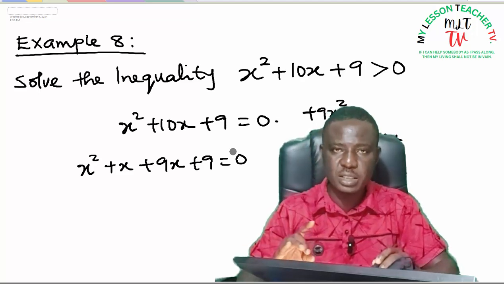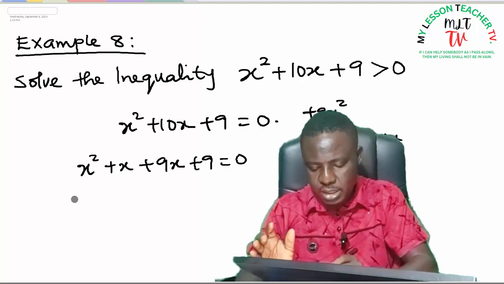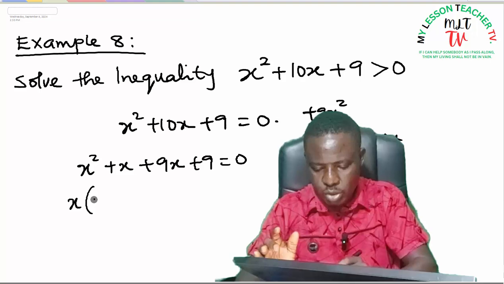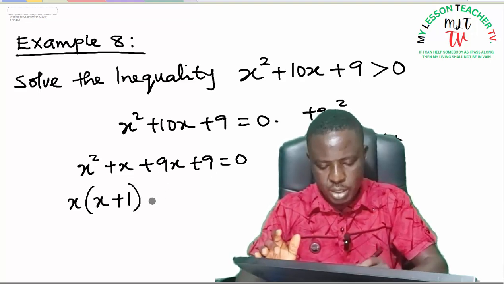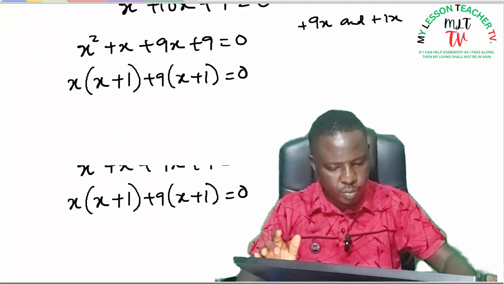Now we shall factorize them in twos. Looking at the first two terms, what is common? x is common. So we have x into, when you factorize x squared plus x, you're left with x plus 1. What is common here? You have plus 9 being common, into x plus 1 is equal to 0.